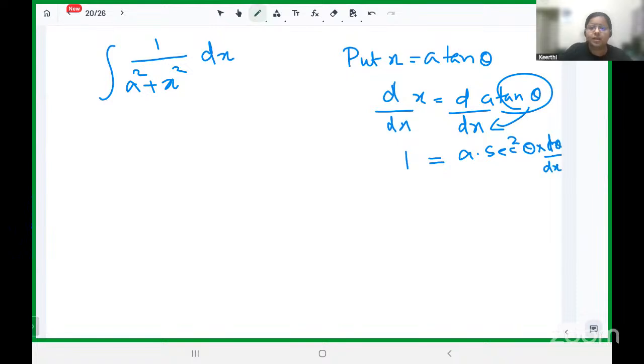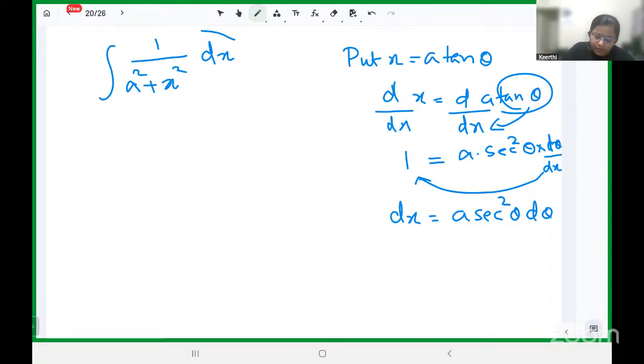So this is a sec square theta into d theta by dx. Take this dx to this side. So dx is equal to a sec square theta d theta.